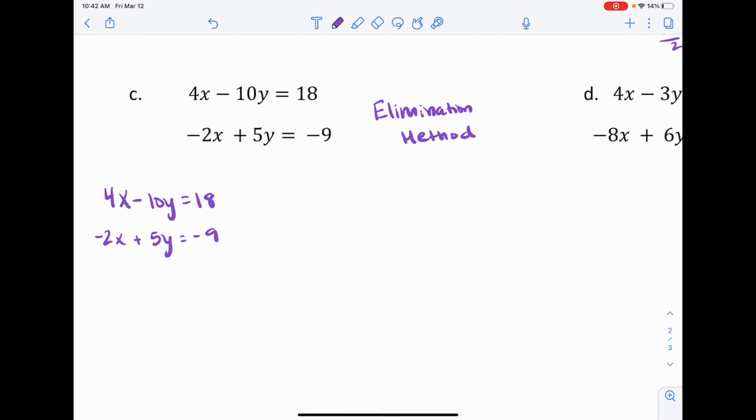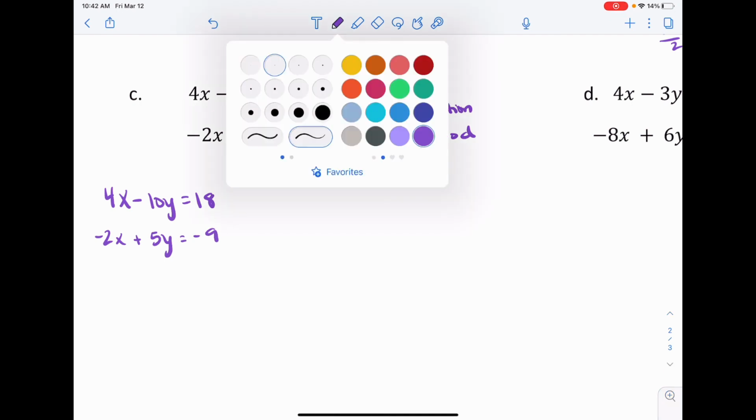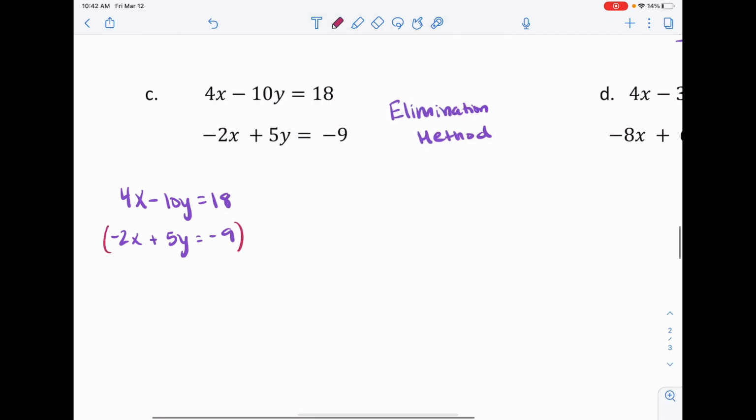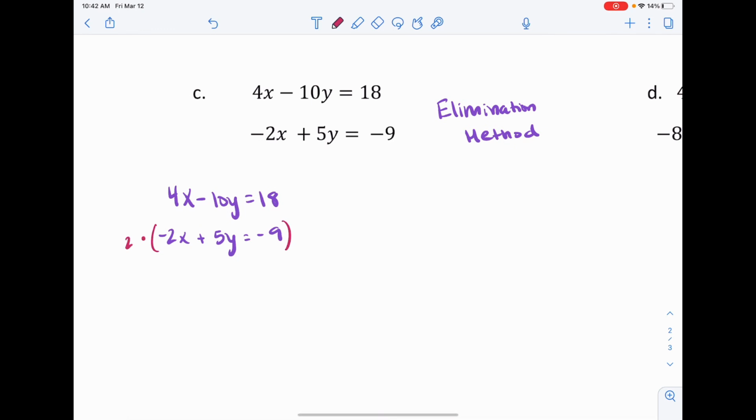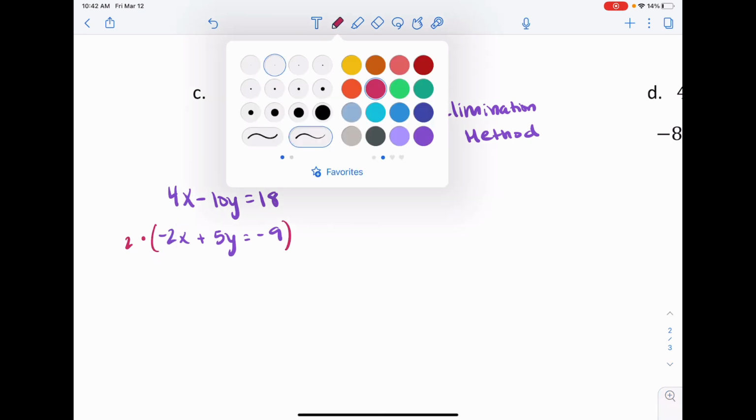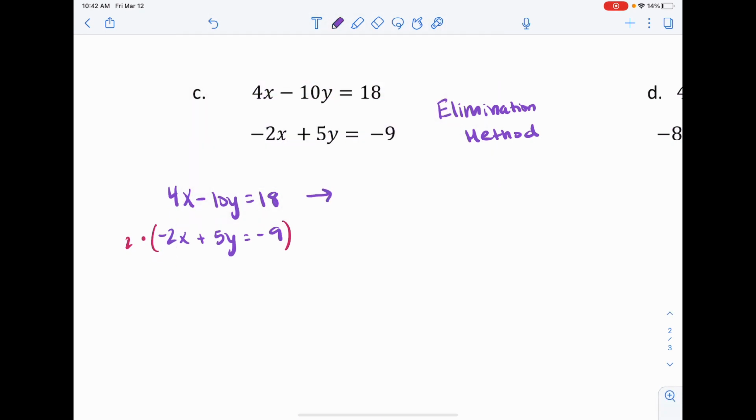Okay. I see if I multiply this bottom one here, if I multiply this all by a 2, then I can get these 4's here to, then this will become a negative 4 and then x can cancel. So I'm going to rewrite it. So I'm going to leave the top line alone. So I've got negative 4x plus 10y equals negative 18.